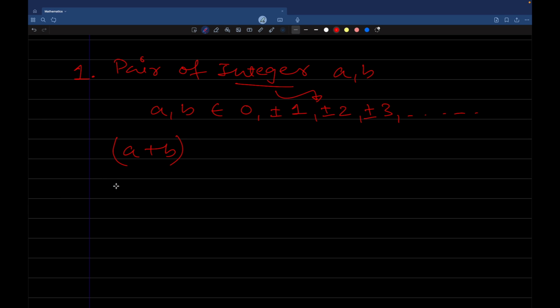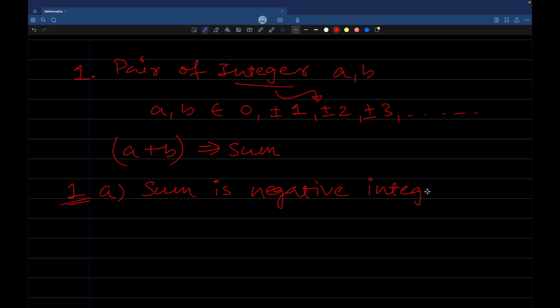Question 1a says that we have to find two integers such that the sum is a negative integer. Let us take a equals minus 3, b equals 2.